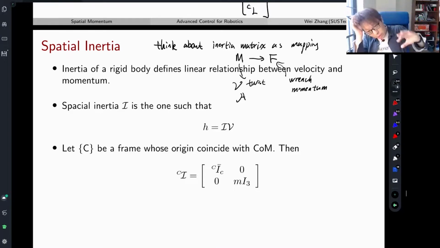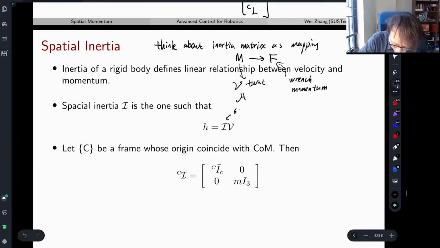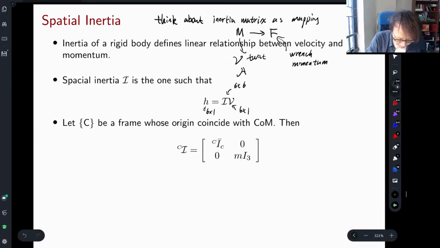So inertia is actually a mapping from velocity to force or momentum, or to the force space at least. It's a linear mapping. So momentum equals the linear mapping times the velocity. That's a coordinate-free way of thinking. And this is a 6x6 matrix. This is a 6x1 vector. Twist is also a 6x1 vector, right?